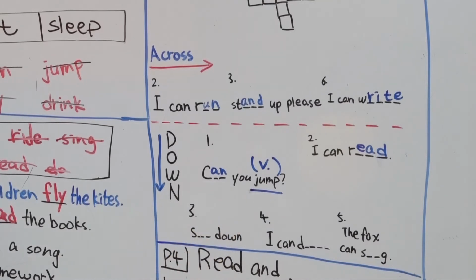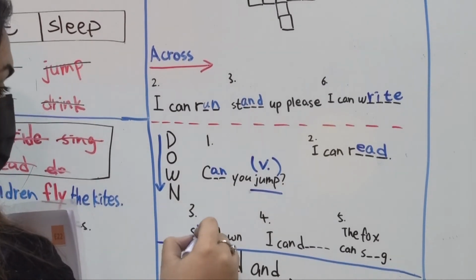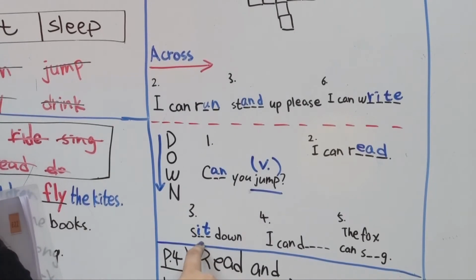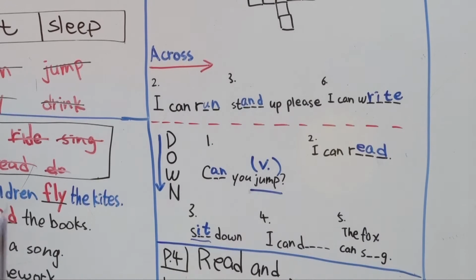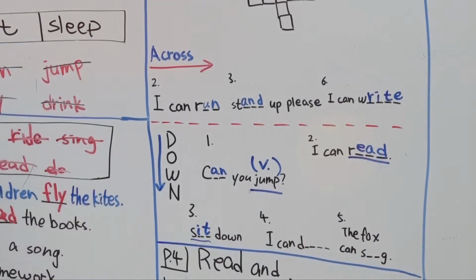That should be sit down. The action verb here is sit. Okay, sit is the action verb. How about number 2? Which one is the action verb here? The verb here is read. Okay.